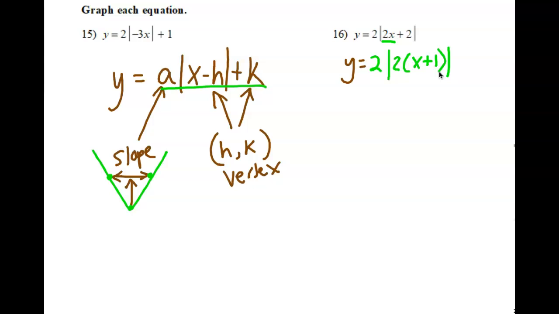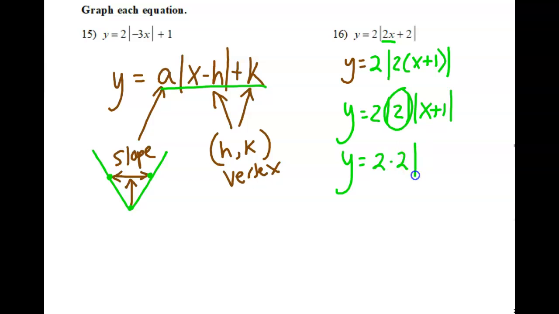Now, something that we don't do with most other functions, but we do with these absolute value functions is, at this point, we're going to separate that 2 from the x plus 1 in its own little separate set of absolute values. And then we're going to take the absolute value of 2, which is 2, and then we're going to multiply these together after doing that. So here's what I have as a result.